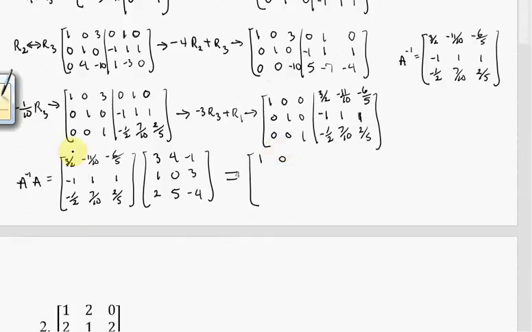Let's check the first row, third column. So that becomes negative 3 over 2 minus 30 over 10, or just 3, if you will. We'll leave it like that. That's fine for right now. And then here, plus 6 over 5 times 4, 24 over 5.